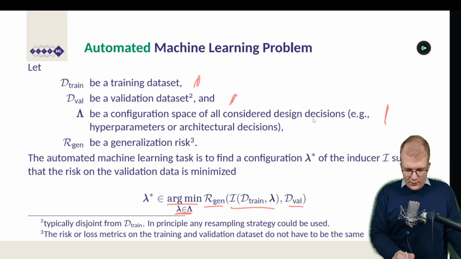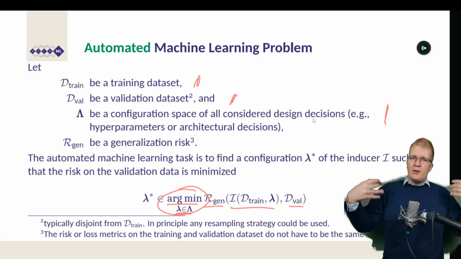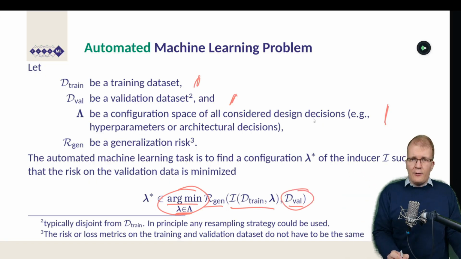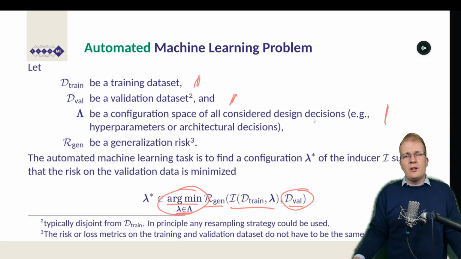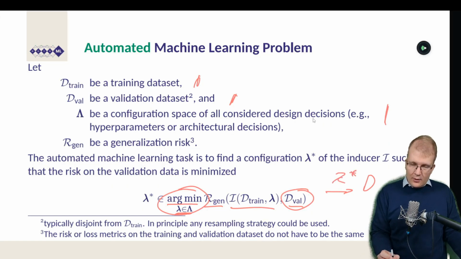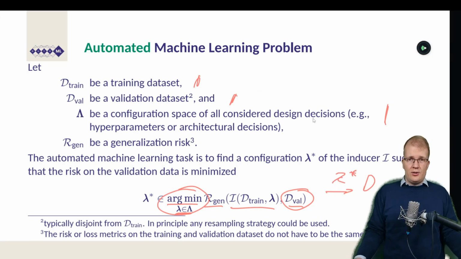And since we're doing here this argmin, it typically means we are evaluating different configurations over and over again, so we really need this validation set, which is then evaluated several times. As a side note, in practice, what we also have is the test set, so that we can evaluate our final configuration on another disjoint set, which allows us then to figure out in an unbiased way how well even that performs.